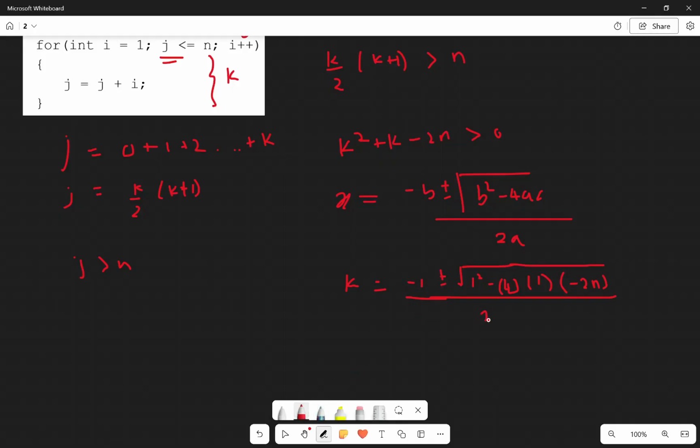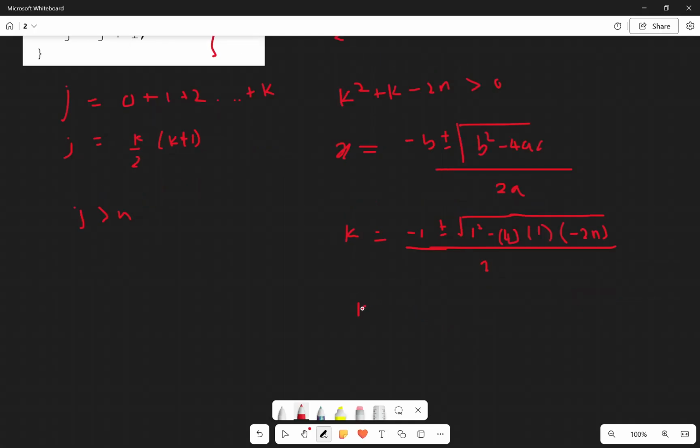It's divided by 2. So by simplifying this, we get the values k equals (-1 plus or minus the square root of 1 + 8n) divided by 2.